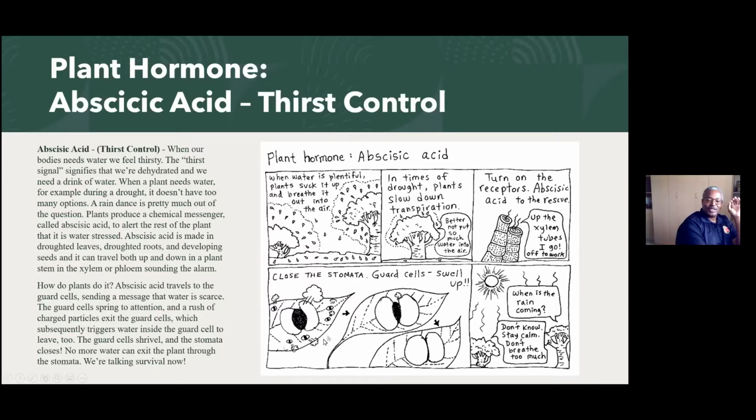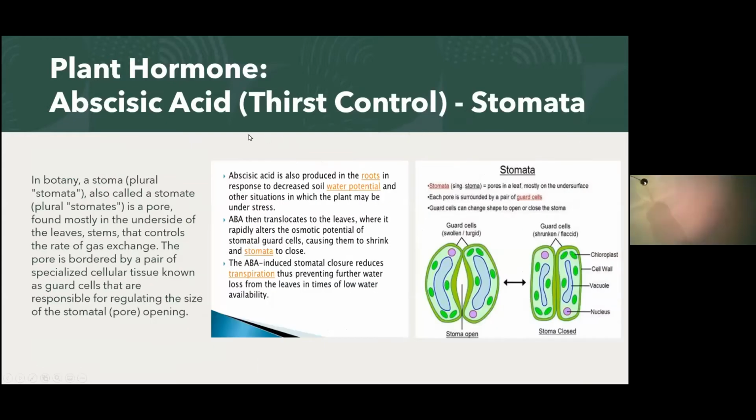This is the stoma, and as you can see, this black area, the stoma is open. Now it's closing. Now it's closed. The end, it says, when is the rain coming? I don't know. Stay calm. Don't breathe too much. Don't transpire. So I thought it was pretty funny. Pretty clear. Okay. Transpire and expire. That's pretty close.